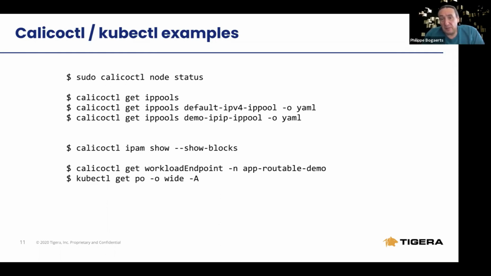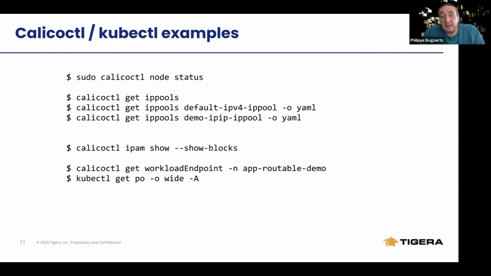If you do get IP pools -o yaml, you'll see all the information, whether they're using address translation or not, whether we're using encapsulation or not. So keep these commands in mind to actually get a good understanding of how the networking is implemented.